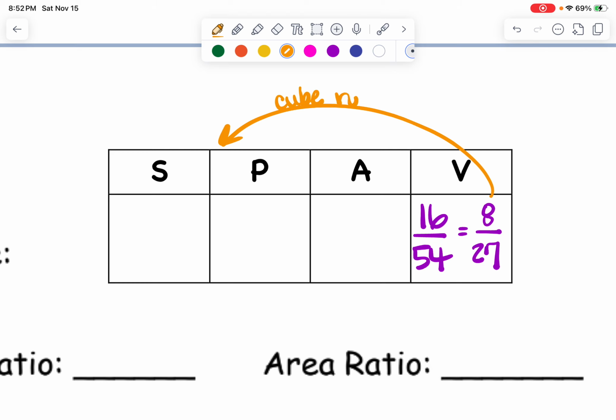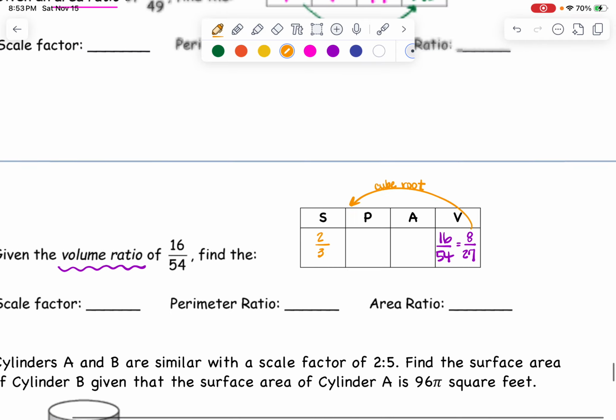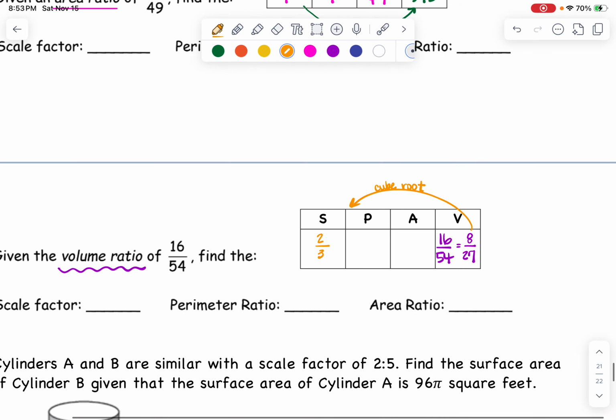I'm going to write that little note here. If you need help cube rooting ever, remember the cube root is on your calculator under the Math 4 function. Math number 4 is your cube root. So obviously if I cube root 8, I'm going to get 2. And if I cube root 27, I'm going to get 3. Are these the exact same numbers that were in the other one? They are.